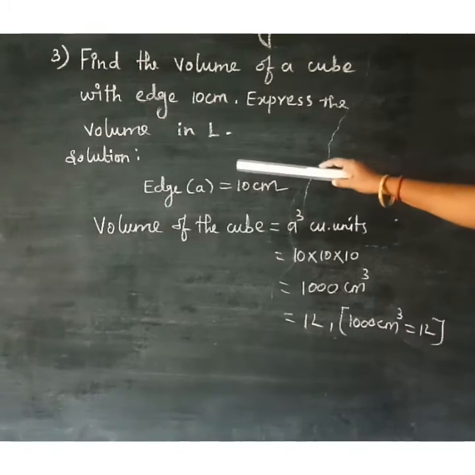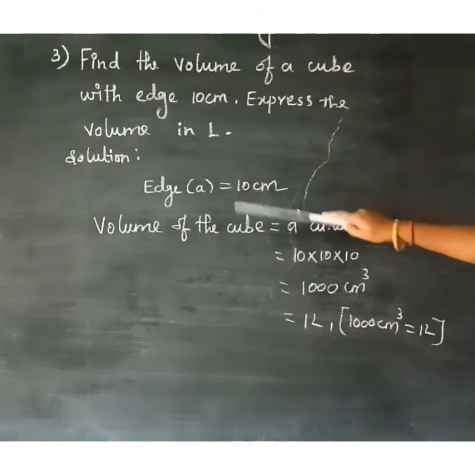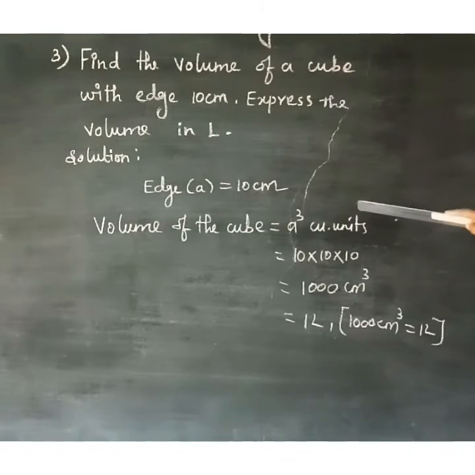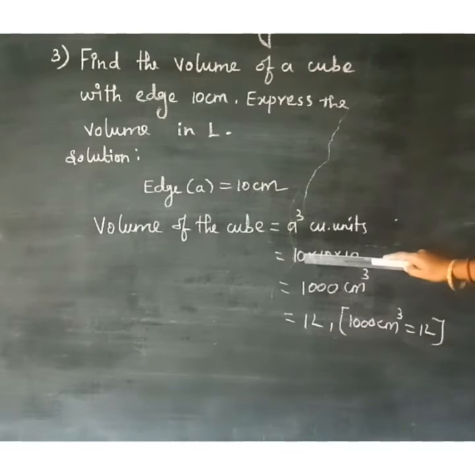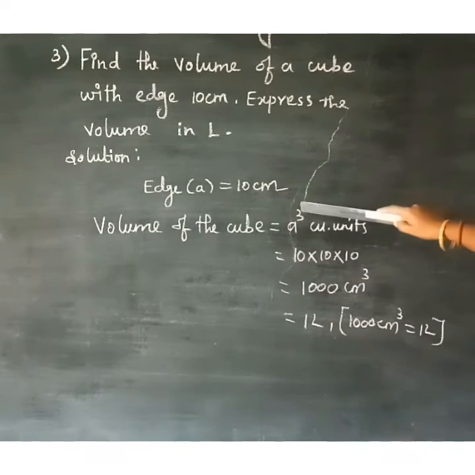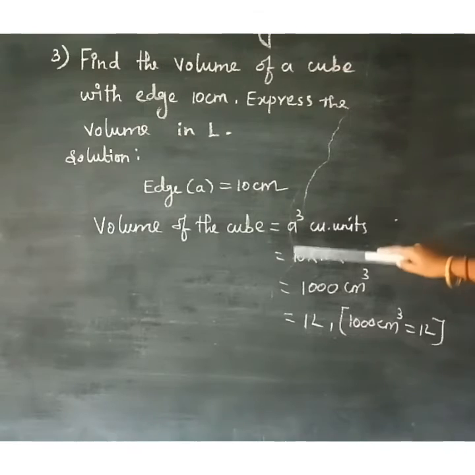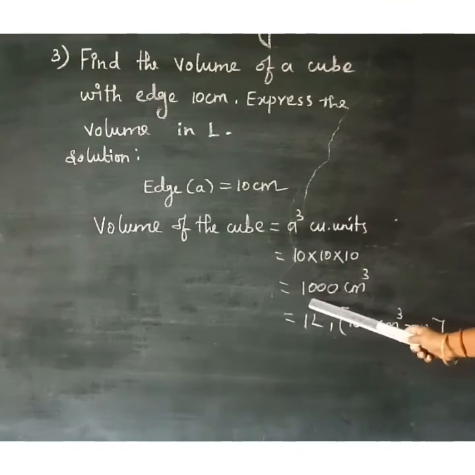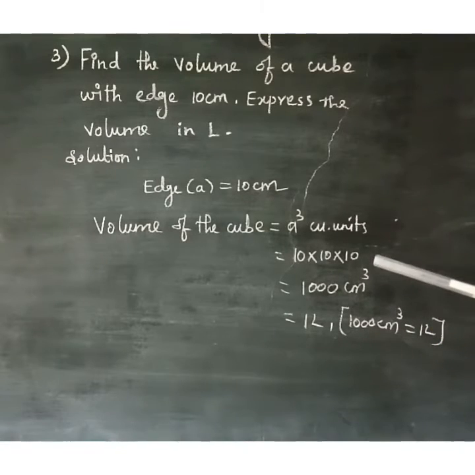Let us consider the edge be a. So volume of a cube is a cube, 10 into 10 into 10. We get 1000 centimeter cube.